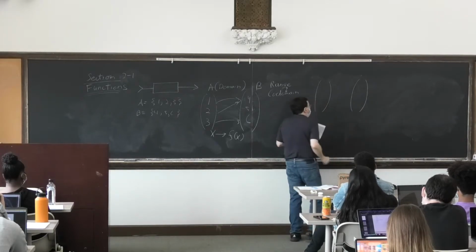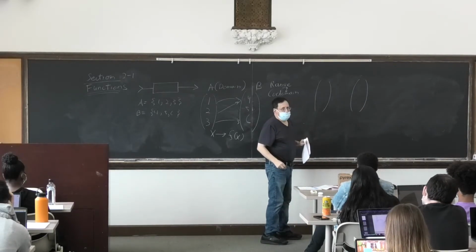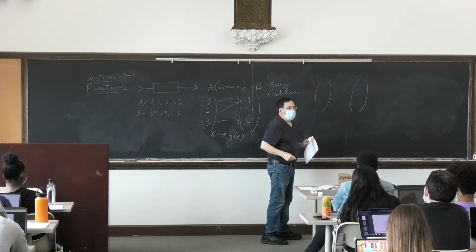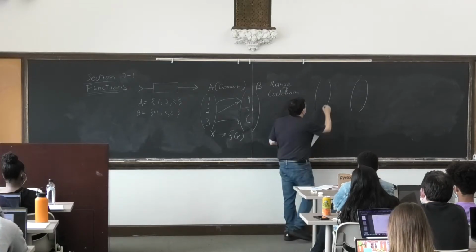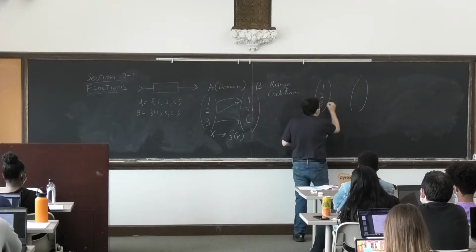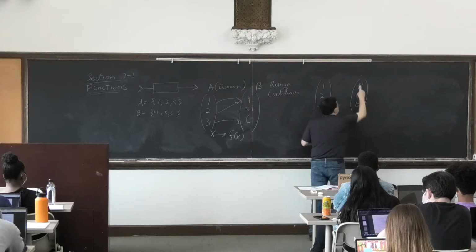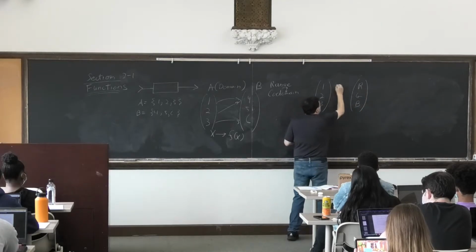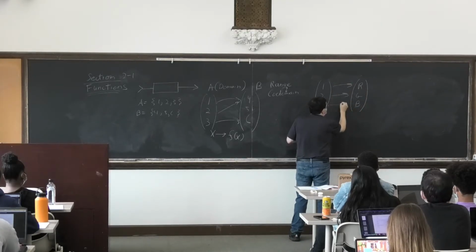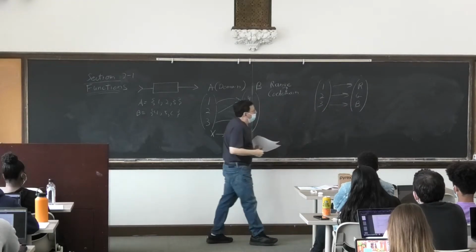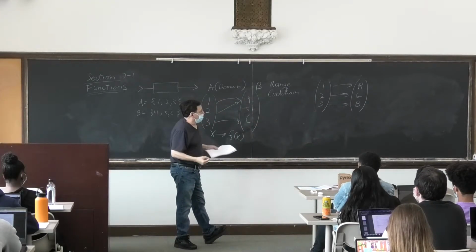The two sets that we map between don't have to be the same set or even the same type of object. You have red, green, blue, right? Nothing wrong with that. In mathematics, the idea of a function can be very general.